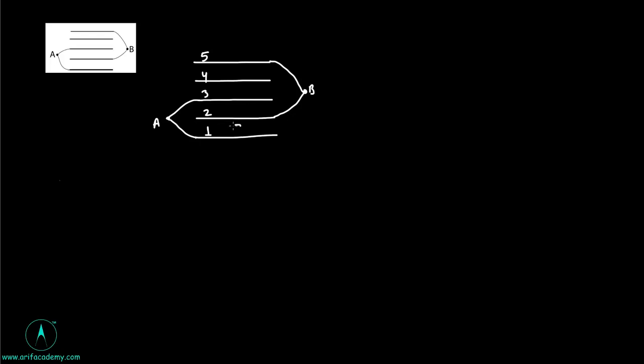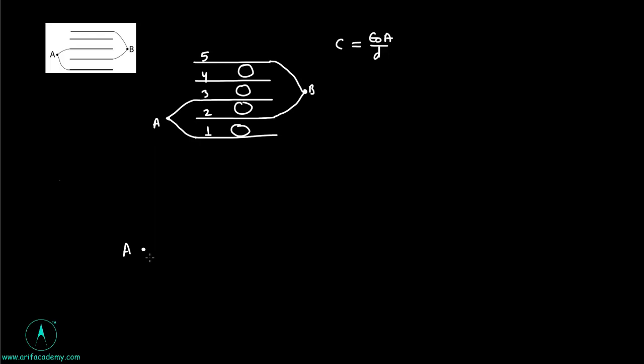Now we have 4 capacitors here, and the capacitance of each is C equal to epsilon naught A by D. So I have to see in what way these 4 capacitors are connected. I'm going to redraw the circuit.